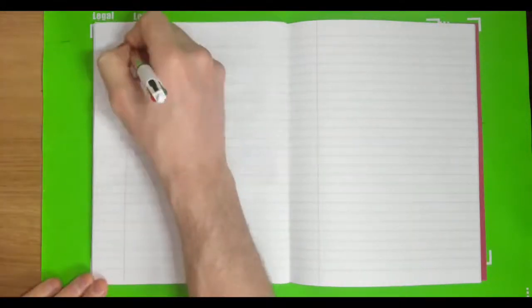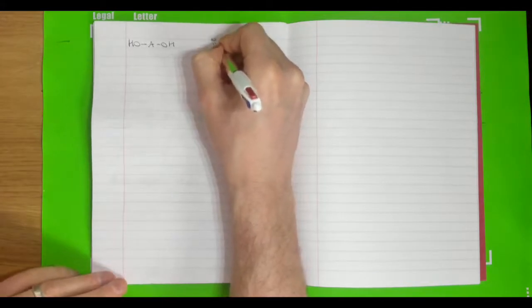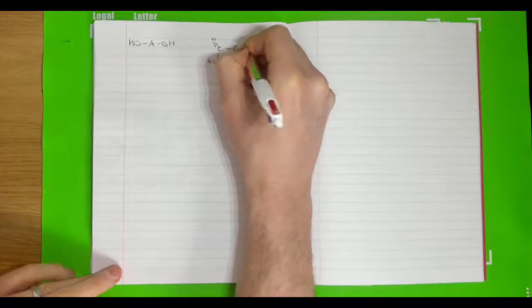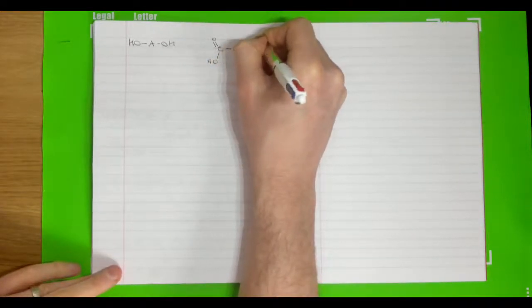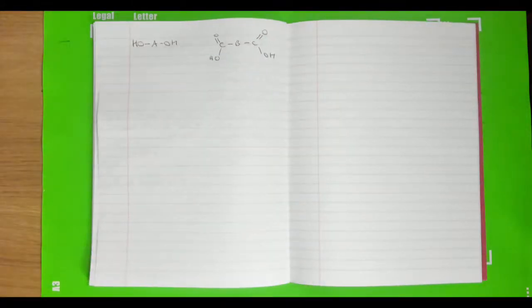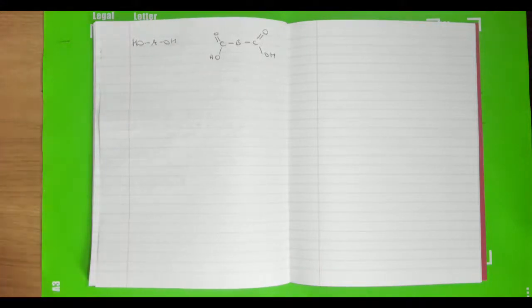So I'm just going to draw out my dicarboxylic acid again, just so I've got it on the same page. So here's my diol. And my dicarboxylic acid. Remember that A and B would represent a hydrocarbon chain or a benzene ring or something like that. Okay, so let's have a look at this reaction.